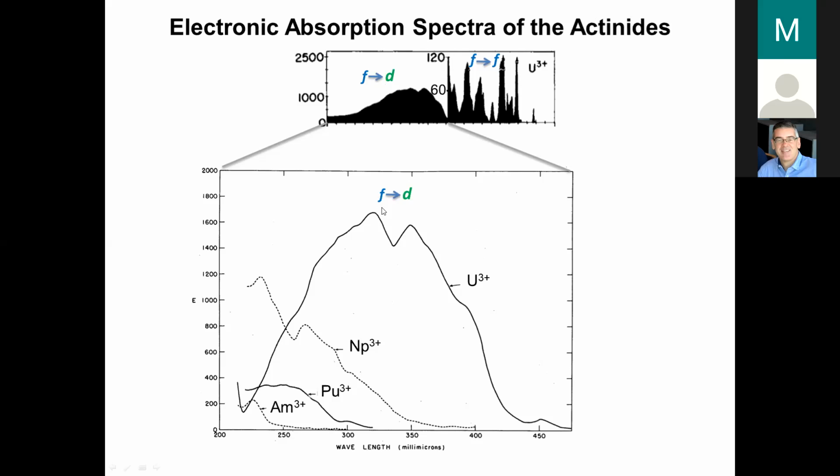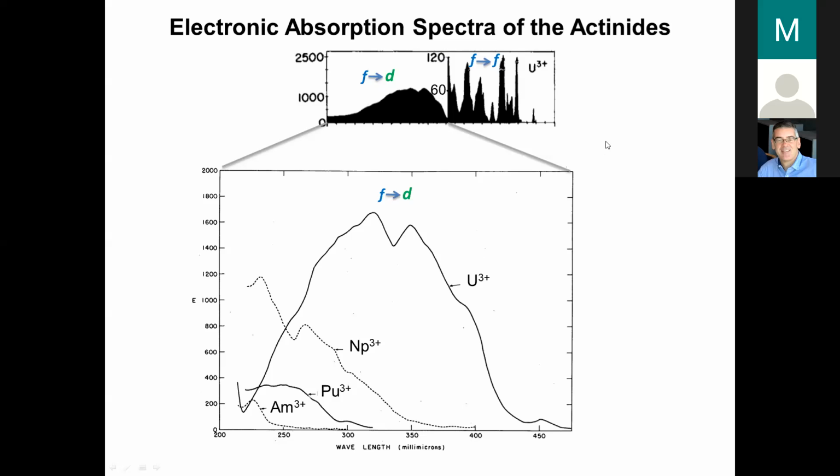And as we change the symmetry, going from an ungerade f orbital into a gerade d orbital, these transitions are now Laporte allowed and therefore have a much higher intensity than the f-f transitions. For these plots, obviously the f-f transitions are amplified, so they look even larger, but you can see they are in the range of like 60 to 120 liters per mole centimeter, whereas these f-d transitions are in the range of 1800 for the highest of these.